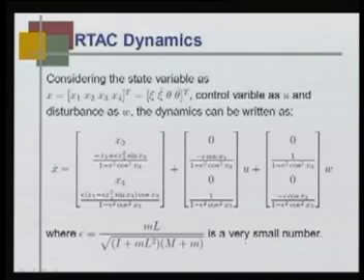So this is a 4th order system, and the expressions are x1 dot equal to x2. The advantage is that we have not kept any associated parameters. x dot is a function of x, this is another function of x, g(x), and this is d(x).